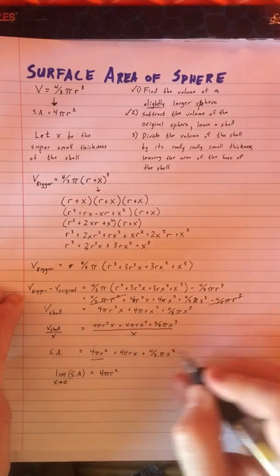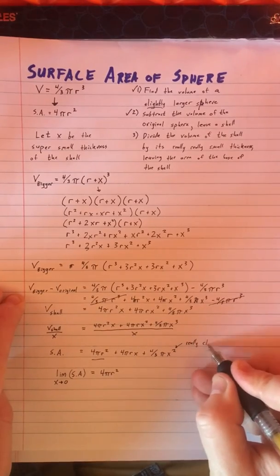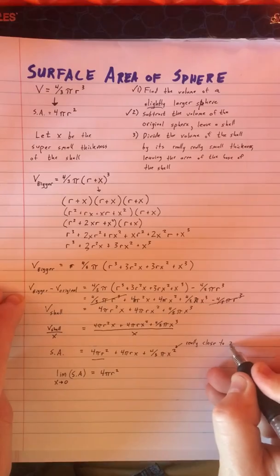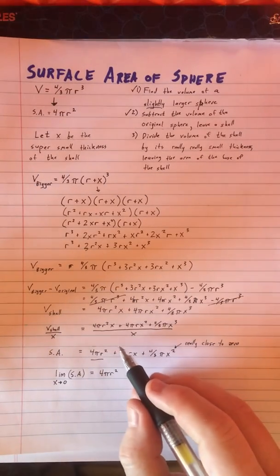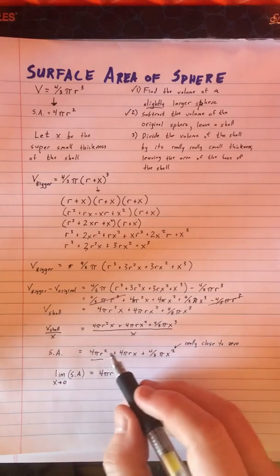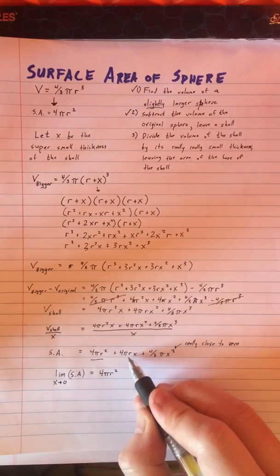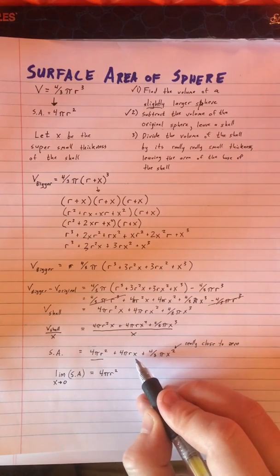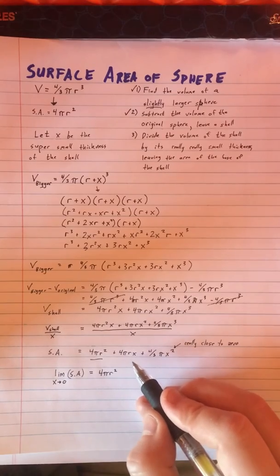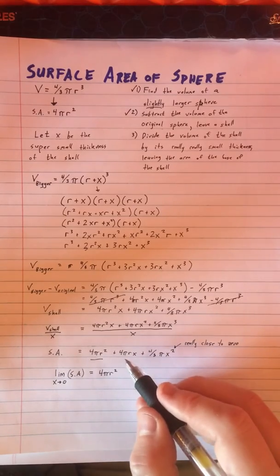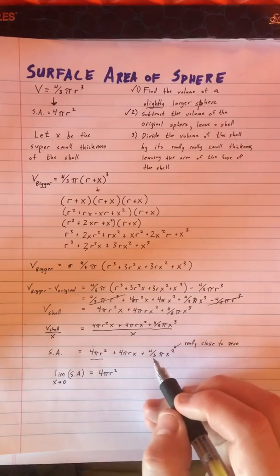As x gets really super close to 0, they become irrelevant. The difference between a true prism and what is actually happening here goes away. Multiplying this 4 pi r term by 0.00000000000000000000000000001 makes it irrelevant and it goes away. It basically becomes 0. Same with this term here.